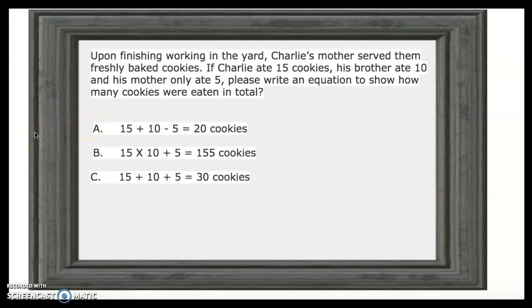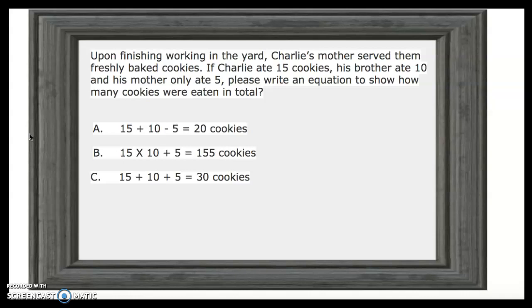So I've got 3 equations that use the numbers. 15 plus 10 minus 5 equals 20. 15 times 10 plus 5 equals 155. And 15 plus 10 plus 5 equals 30 cookies. So if I think about it, I had a picture which took up a lot of space.